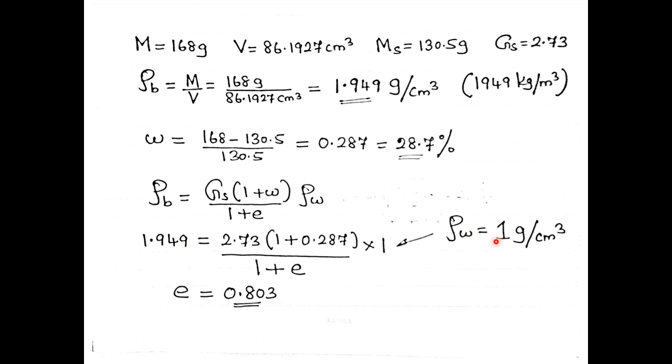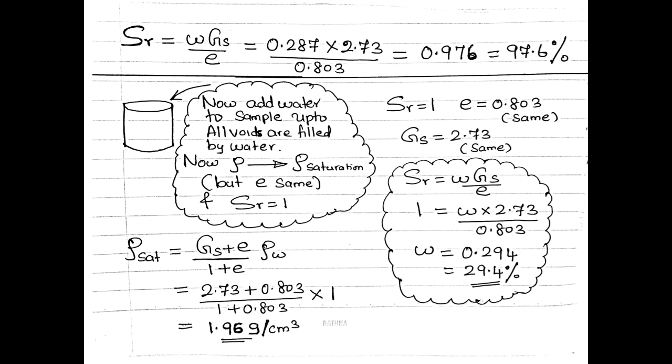Rho W is equal to 1 gram per centimeter cube. Put not 1000, put 1, over 1 plus E. E is equal to 0.803. SR is equal to w GS over E. Substitute the values, get 97.6%, nearly fully saturated.